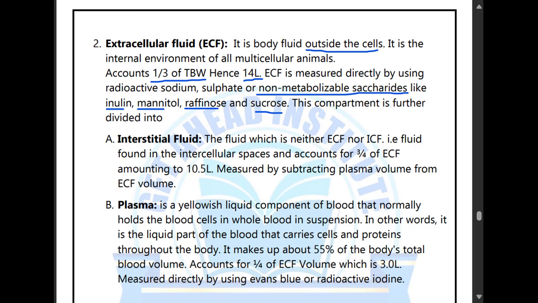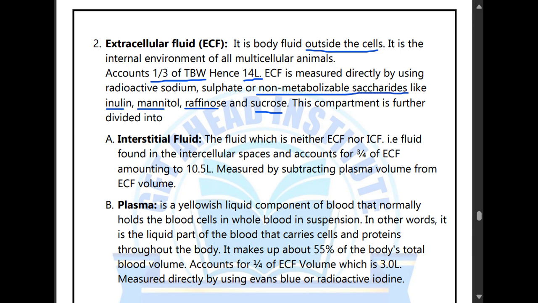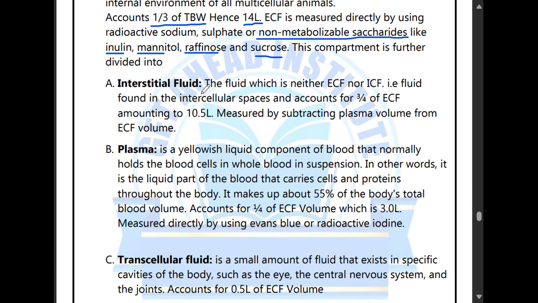Now, this compartment is further divided into other subcompartments. We have interstitial fluid, which is neither ECF nor ICF.